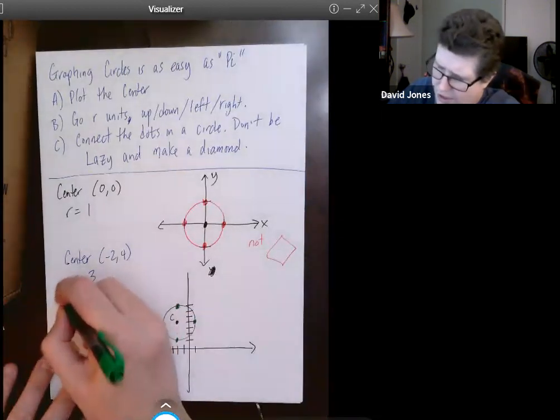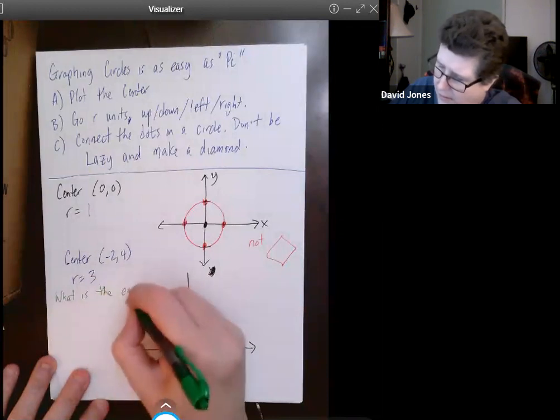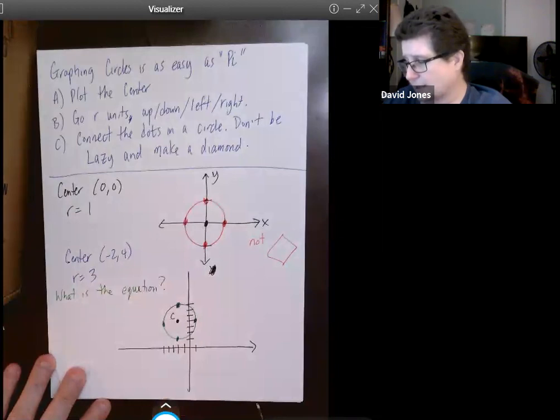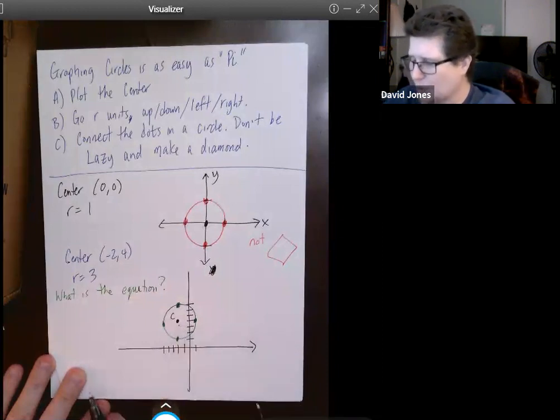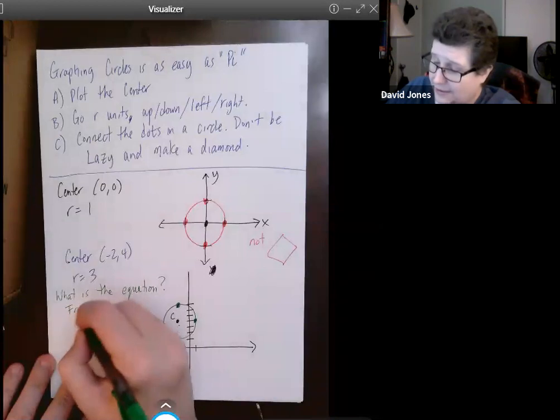What's the equation of this one? You can find the equation from just a graph.